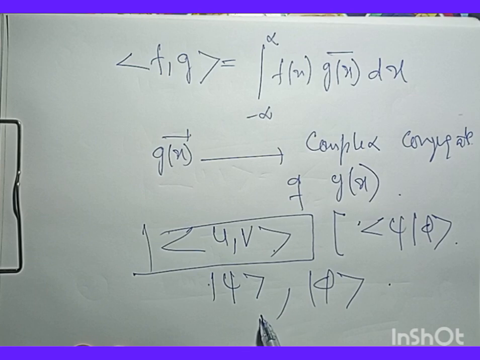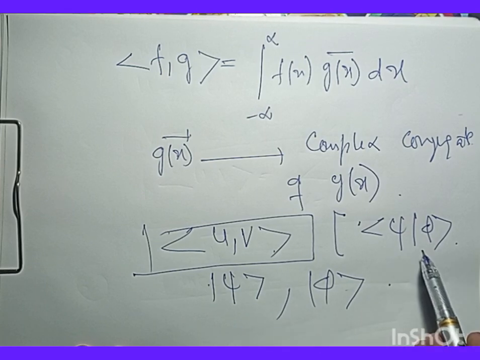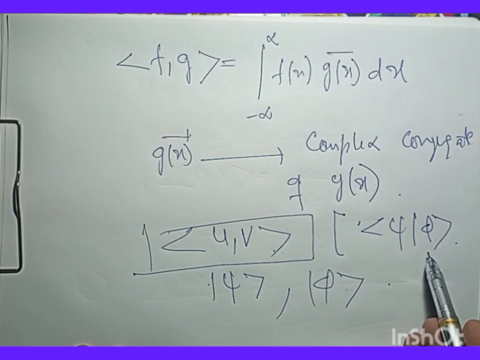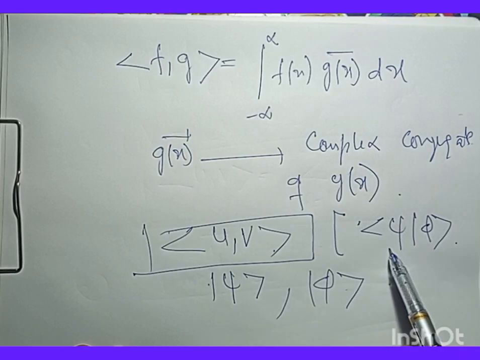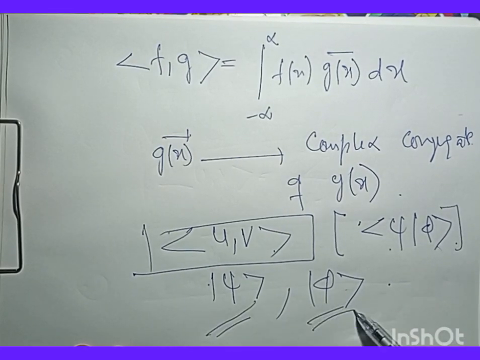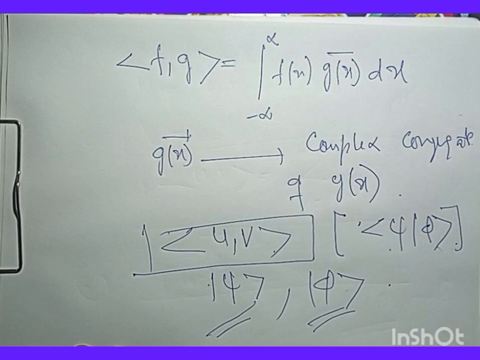When we take the inner product of psi and phi, mathematically it gives us the probability amplitude for the system to transition from the state psi to the state phi.